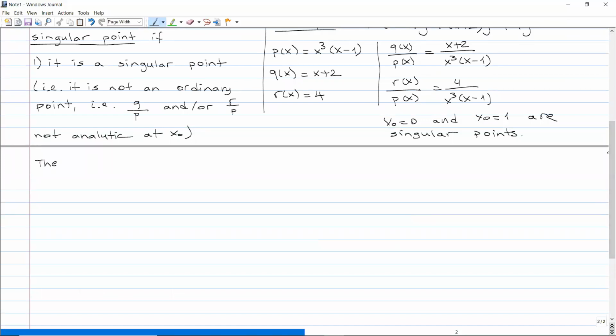There are no other singular points because the functions q over p and r over p are rational functions.